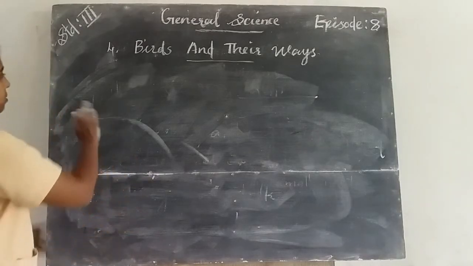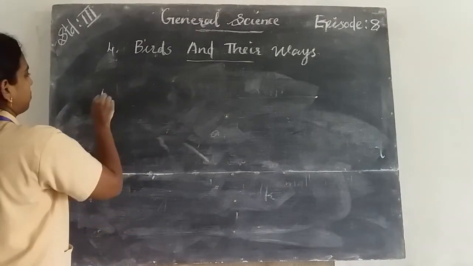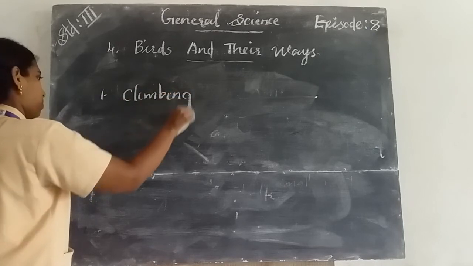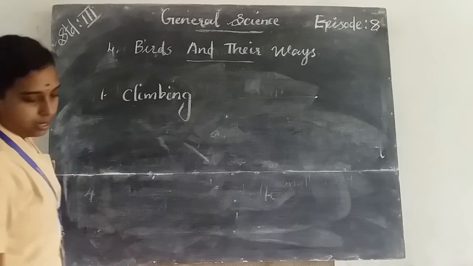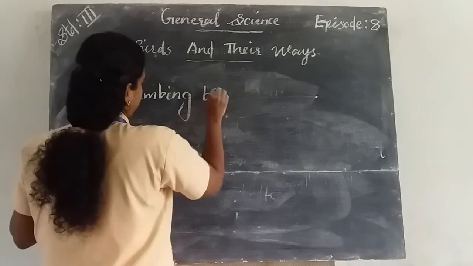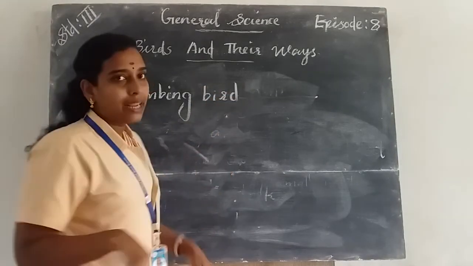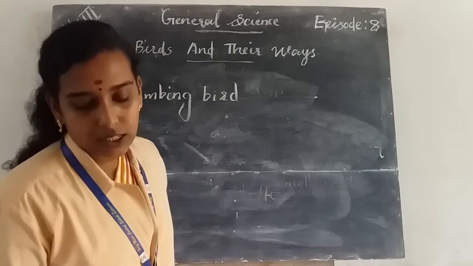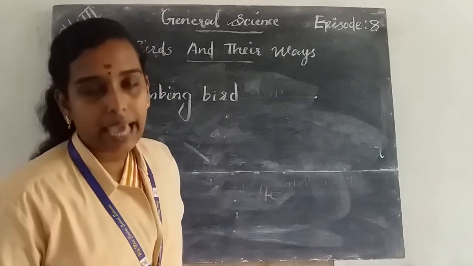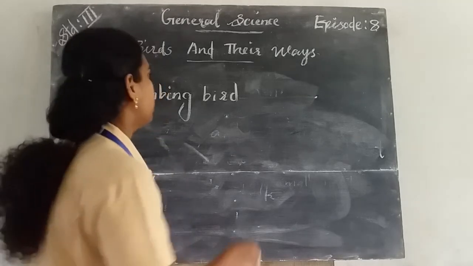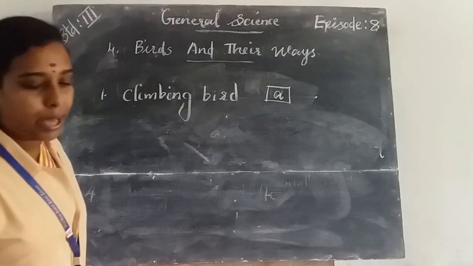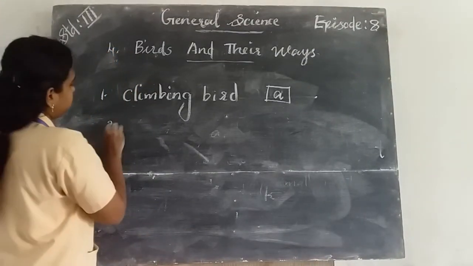So the first one is climbing bird. Parrot is an example of climbing bird. So option A shows parrot. So we can write A in the box. Okay, A for parrot.